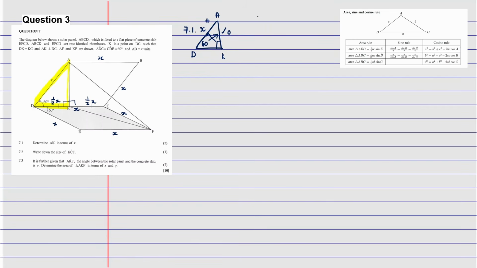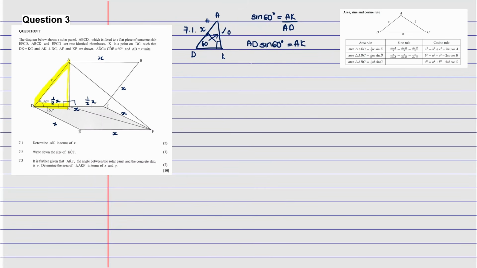It's sine, right? So we're going to have sine 60 degrees is equals to what? Is equals to opposite. Our opposite is AK, what we want, divided by what? By AD, which is X, right? So take the AD to the other side. So it's going to be AD, right? And it's going to be sine 60 degrees, right? It's going to be equals to AK.